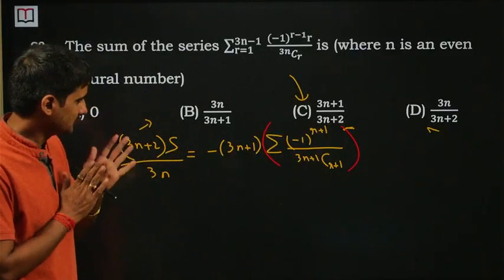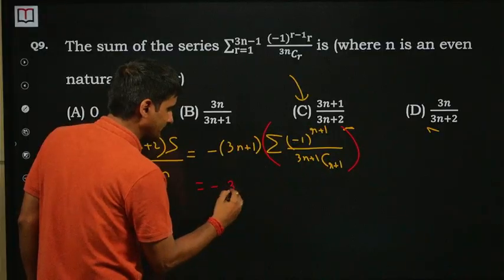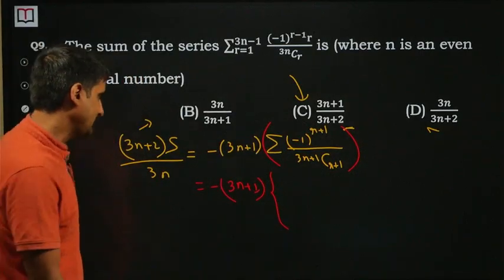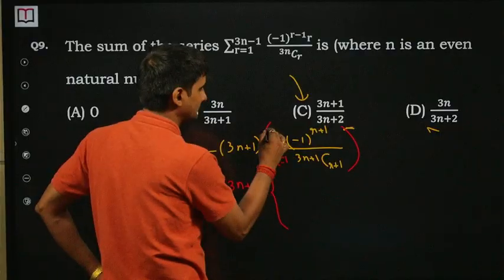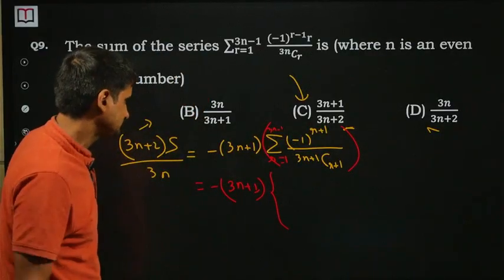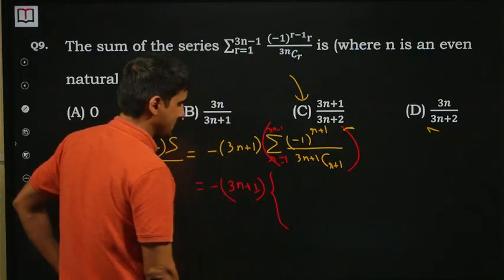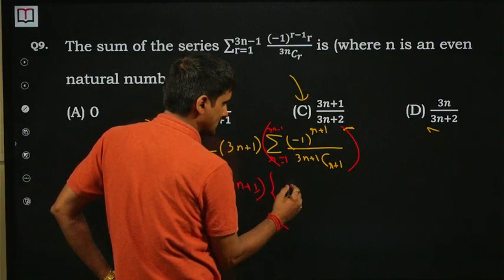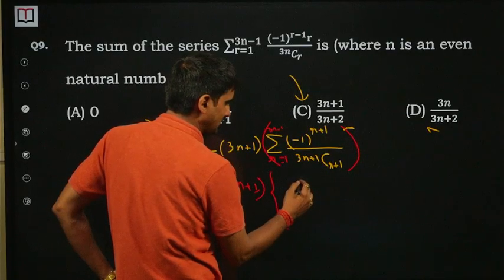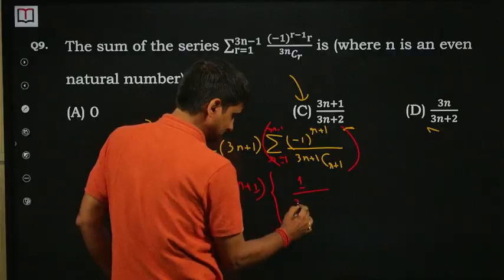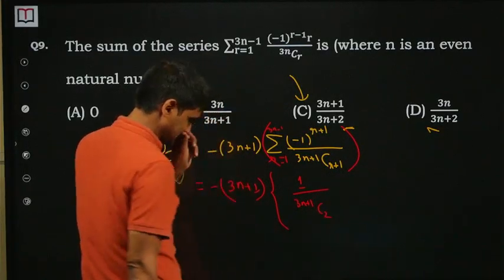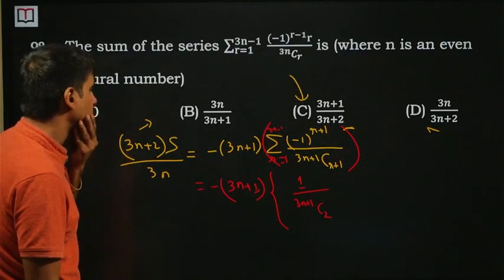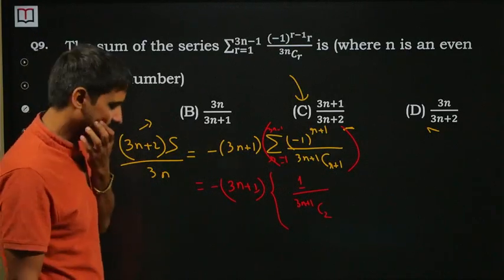What I thought after that. See, that happens. If I open it, r goes from 1 to 3n minus 1. When r is 1, plus 1 upon 3n plus 1 C2. The series is given for 3n.